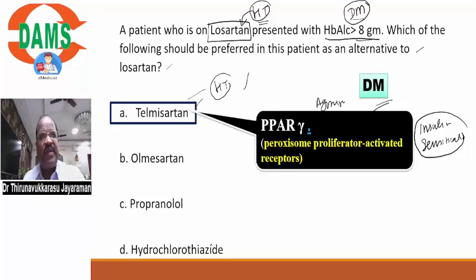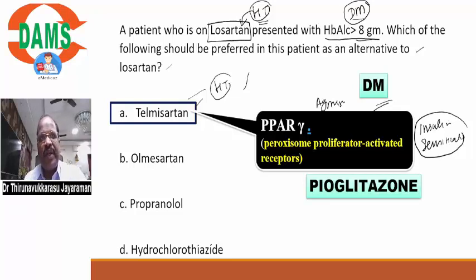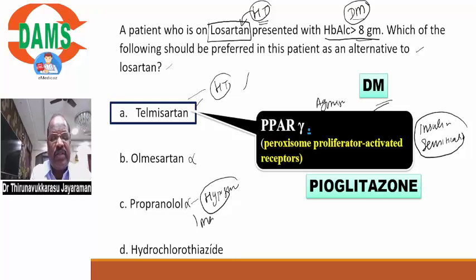Actually, telmisartan has pioglitazone-like action. Pioglitazone, a drug useful for diabetes, has PPAR gamma agonistic property. Because of this same action, it's a wonderful choice. Whereas olmesartan, also an ARB, is not favored for this condition. The beta blocker propranolol is not good for hypertension with diabetes because it may cause severe hypoglycemia and also risks masking the symptoms of hypoglycemia.